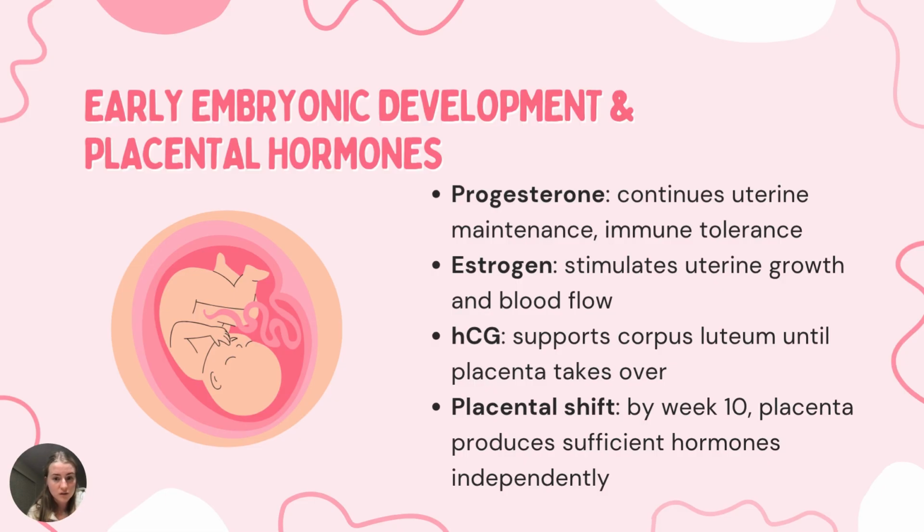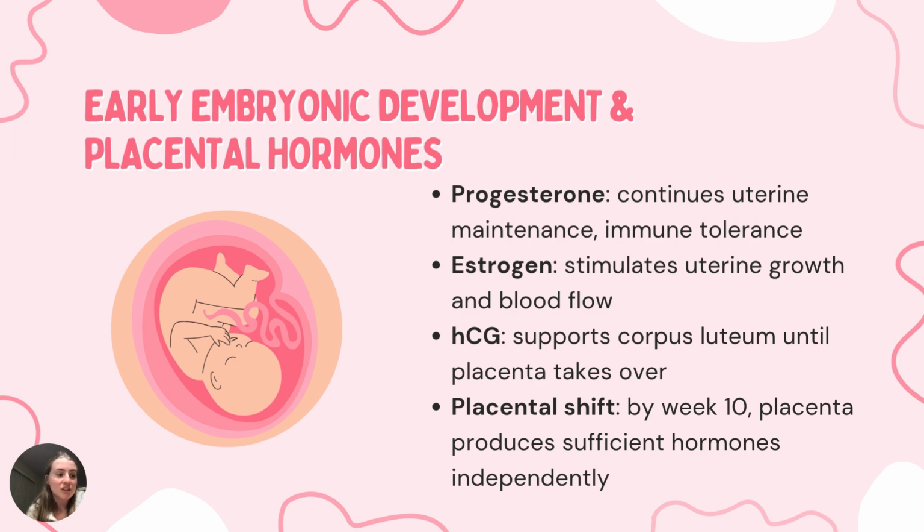Progesterone continues to keep the uterus in check, and also helps with immune tolerance. Progesterone also helps keep the uterus calm and prevent contractions. And then estrogen promotes uterine growth and blood vessel formation.